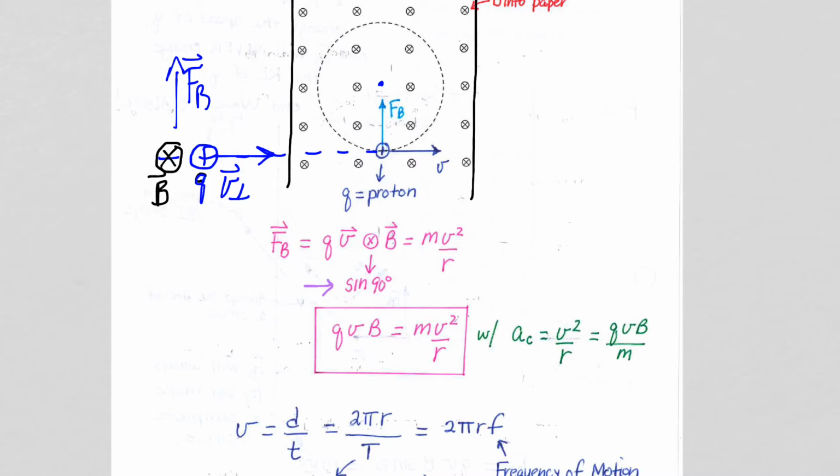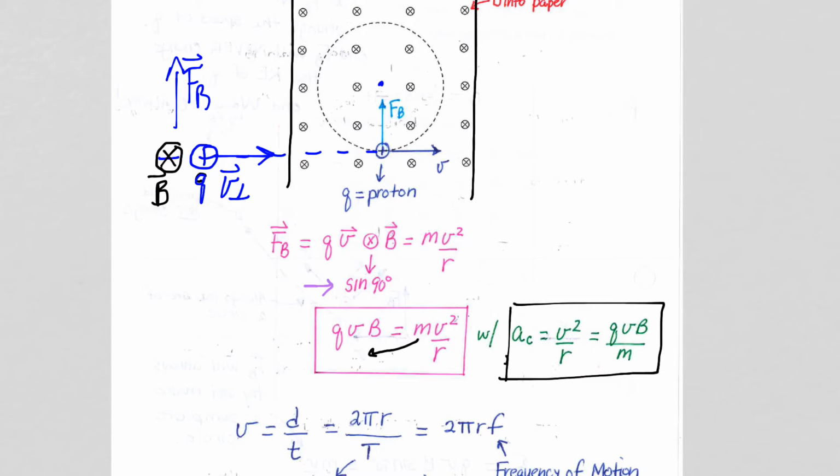F equals ma, so we get qvb equals mv squared on r, and the acceleration is v squared on r, and when we bring the m down, we get v squared on r equals qvb on m. So now we have an equation that we can use to help us problem solve.